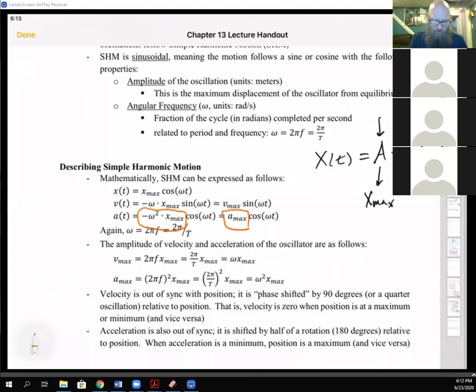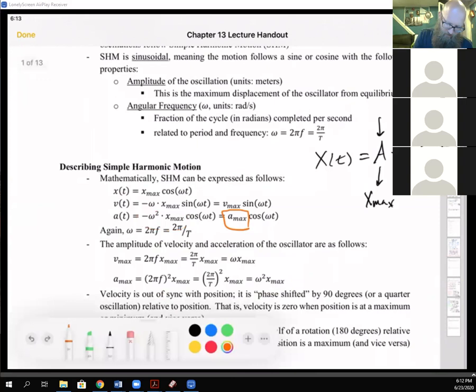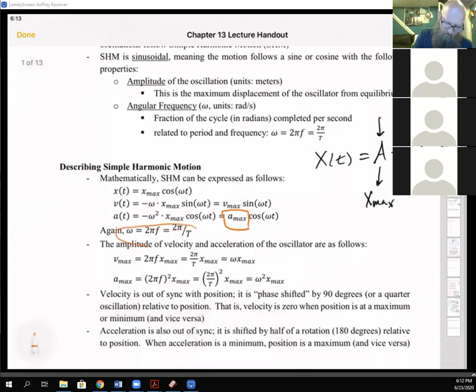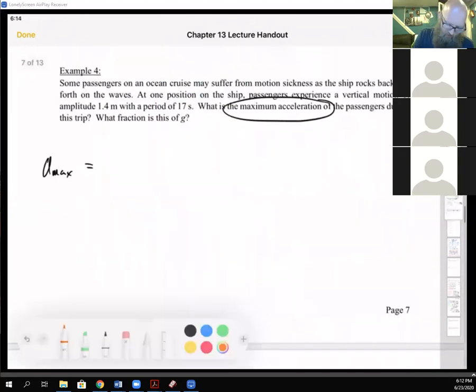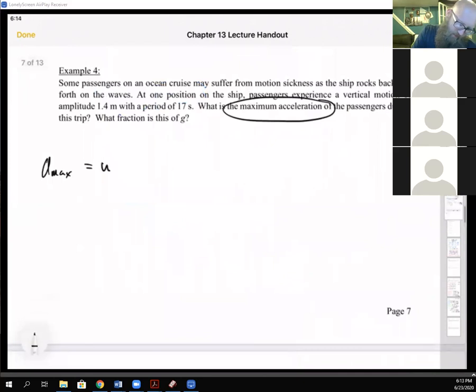Okay, so I'm not given omega, I'm given a period. But omega is related to period. So this is all the information that I need. Let me go back to that page and write it down. So a max is omega squared x max.